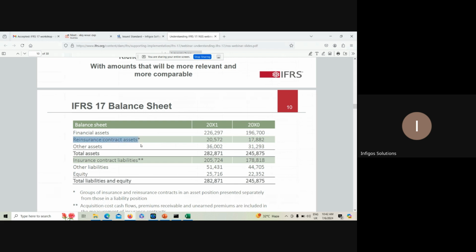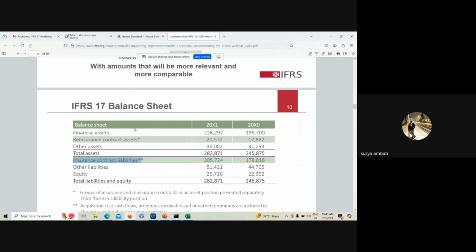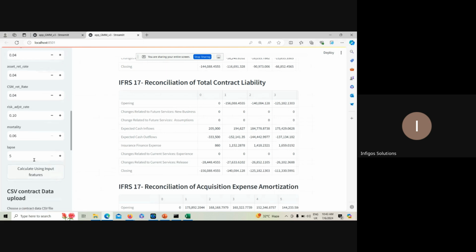When you take insurance from other companies, it becomes an asset. When you give insurance to somebody else, it becomes a liability. That's why these signs are different from what you think is normal. So this tool can do this.